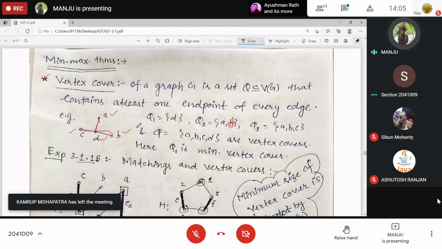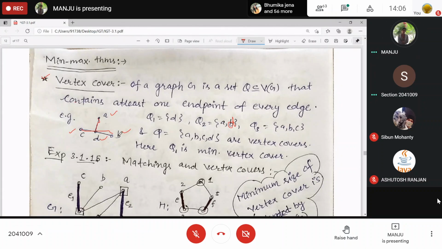How many minimum guards are required to guard all these roads, all these ways? We want to minimize the resources. That's why D will work, right? We can guard this one, and this one, right?